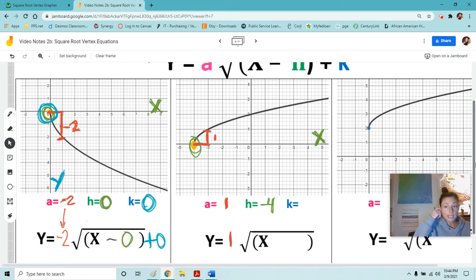Now, when I put that in the equation, that's where it gets a little bit tricky because, again, we have that x minus. And so when we put in -4, those two minuses come together to make a plus. A double negative makes a positive. That's the rule there. So x minus -4 is really x plus 4.